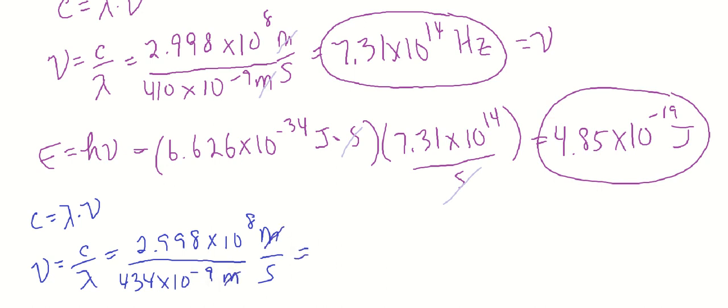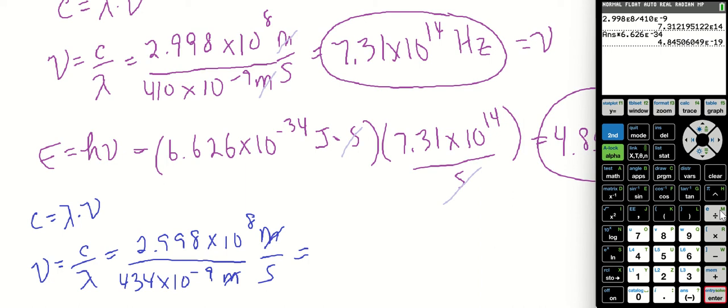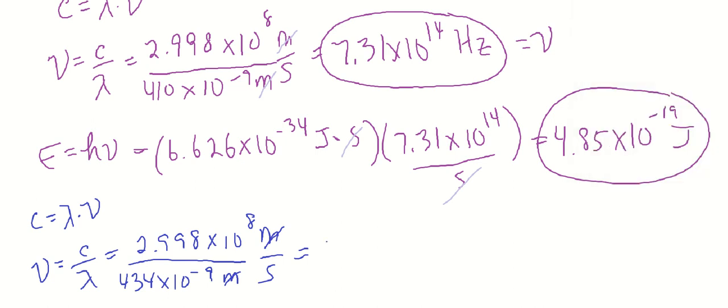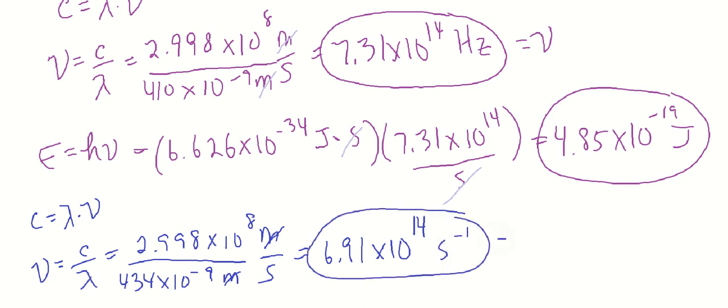That's going to give us 2.998 times 10 to the 8 divided by 434 times 10 to the negative 9. Three significant figures, 6.91 times 10 to the 14. I'm just going to write it as second to the negative 1, switch it up a little bit. So there's our frequency for that blue line.